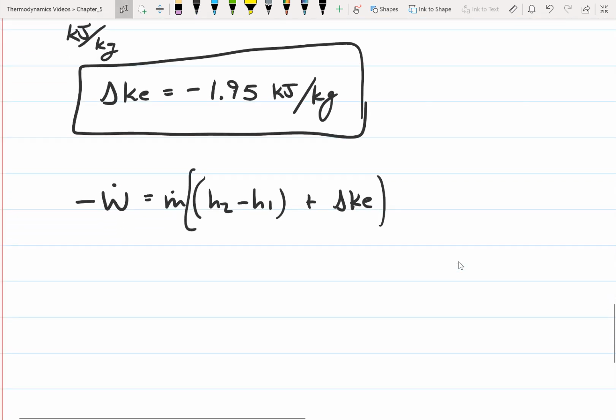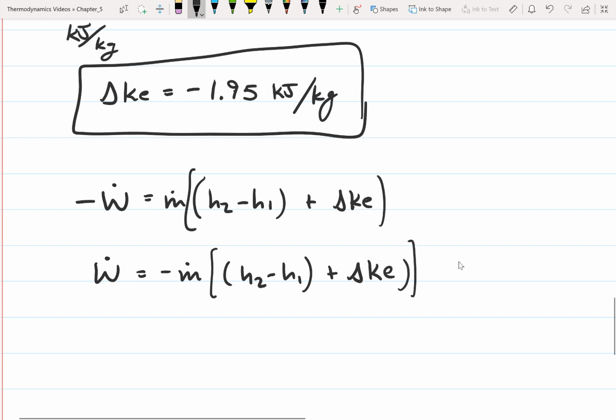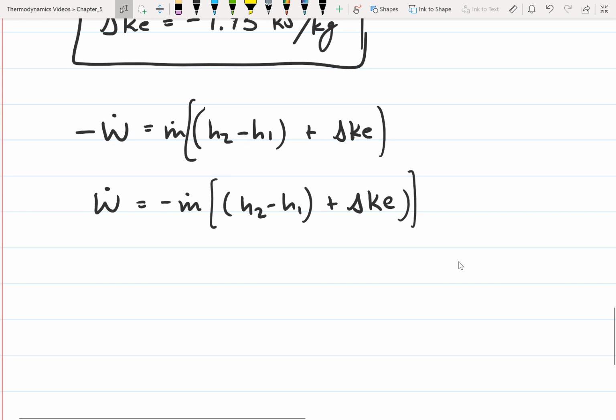All right. So now I'm going to multiply this by a -1 just so that I can get the work. And then I'm going to have negative m and then still H2 minus H1 plus the change in kinetic energy. Now we can just plug in all of our numbers. So we have the work is equal to 12 kilograms per second multiplied by the enthalpies that we looked up.